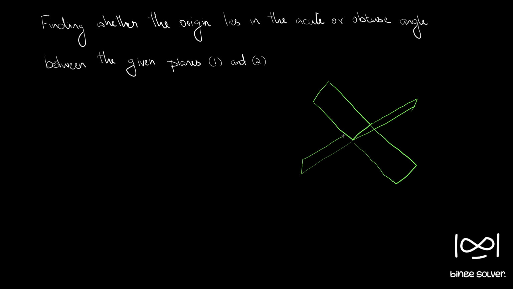Let's see. This is how the plane bisects, and for this let me just draw. Suppose the origin is here, in the obtuse angle.